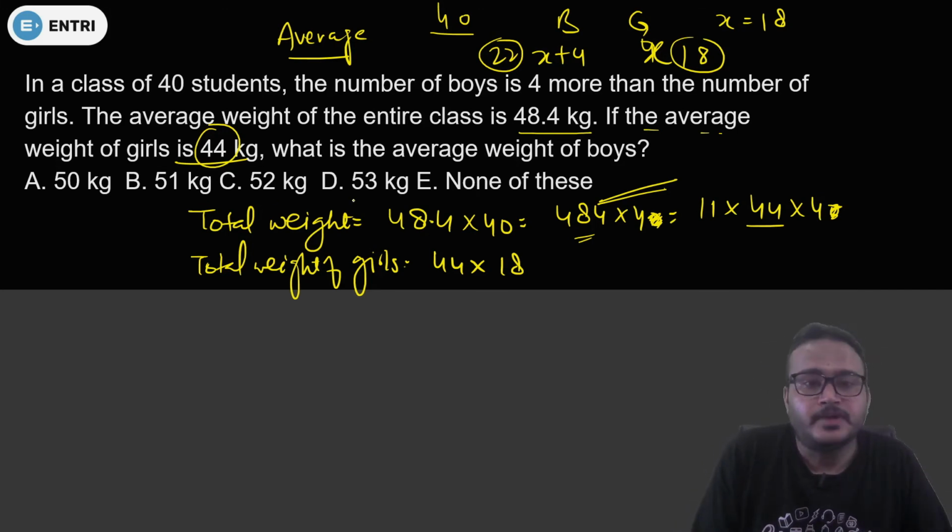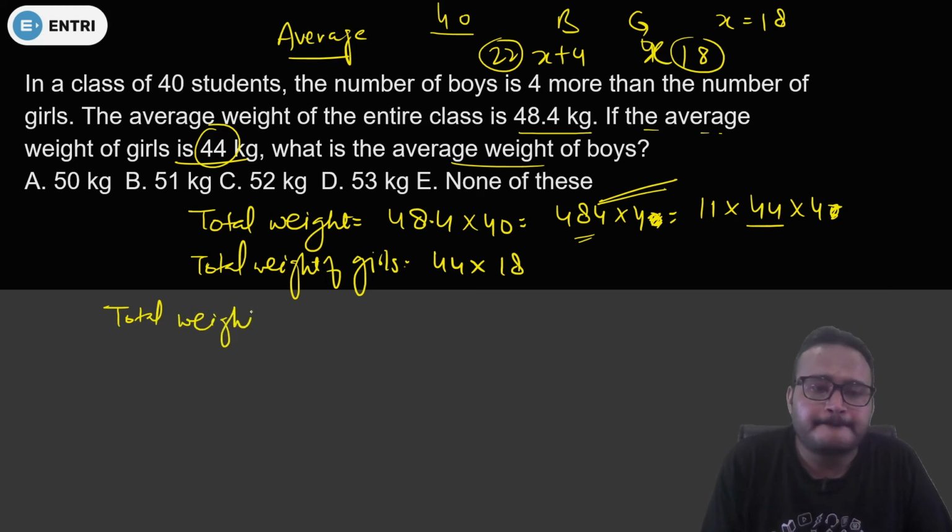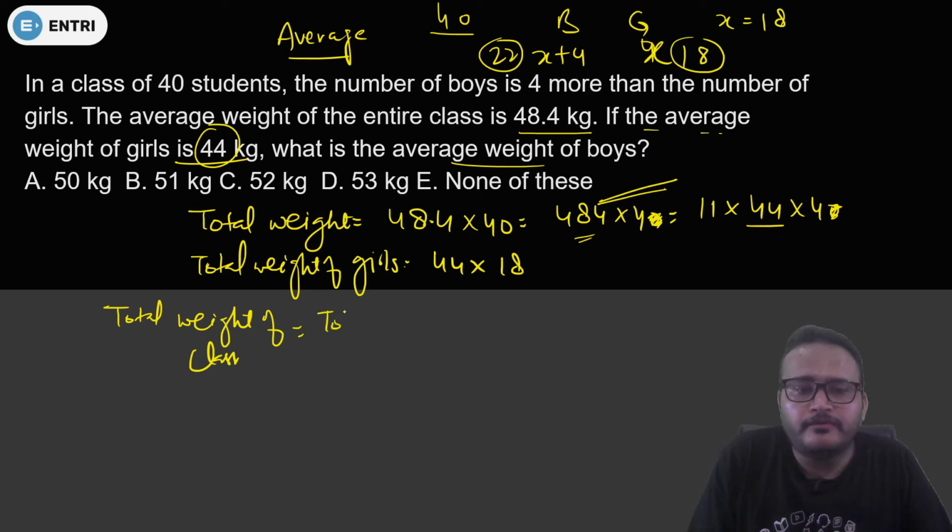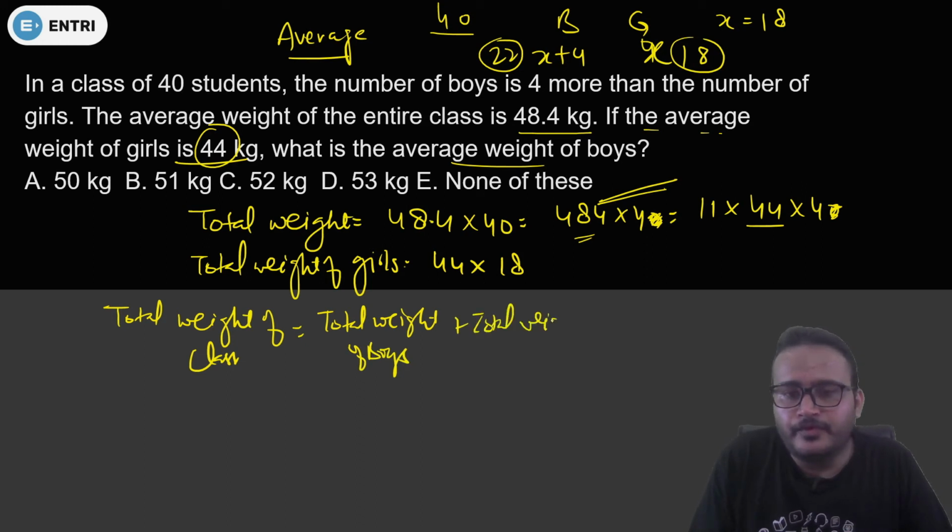Okay, so guys, we need to find the average weight of boys. Total weight of the class will be equal to total weight of boys plus total weight of girls.